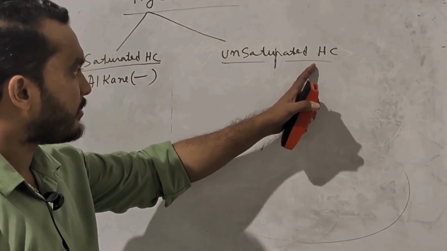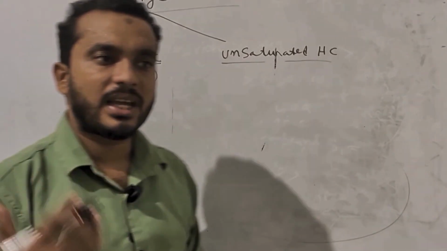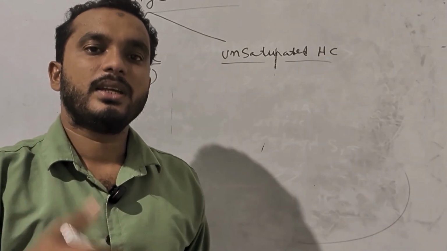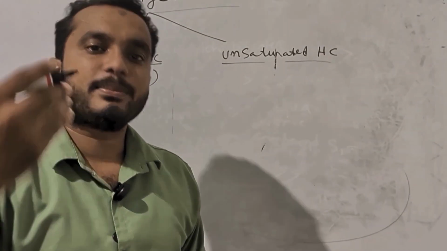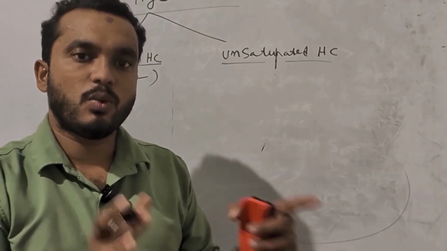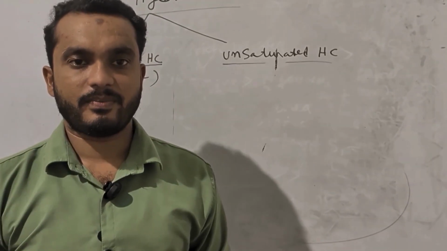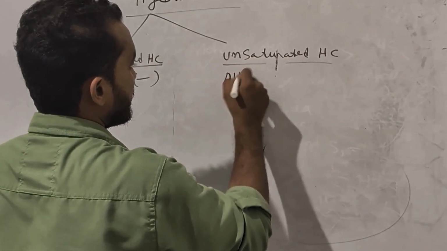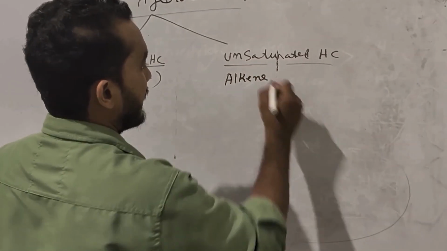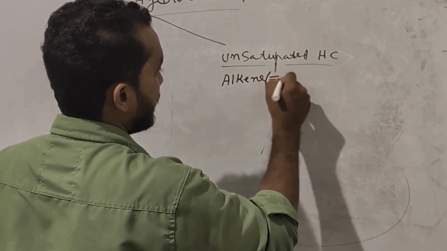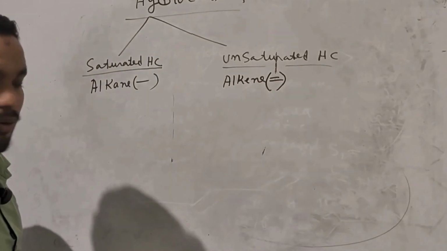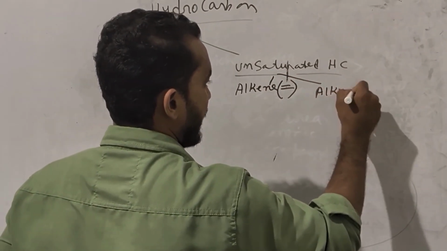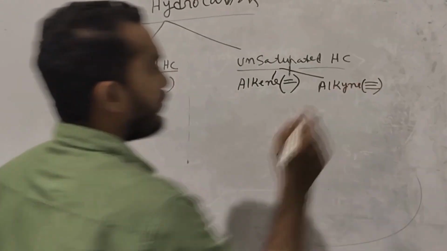And unsaturated hydrocarbon means the carbon compounds where there will be a double covalent bond or triple covalent bond, at least in one position in a chain. Unsaturated hydrocarbon examples are alkene, which is formed by a double covalent bond, and another one is alkyne, which is formed by a triple covalent bond.